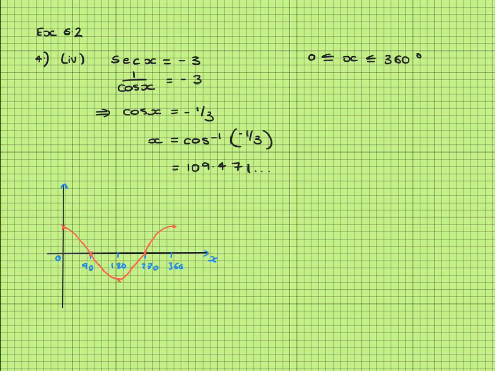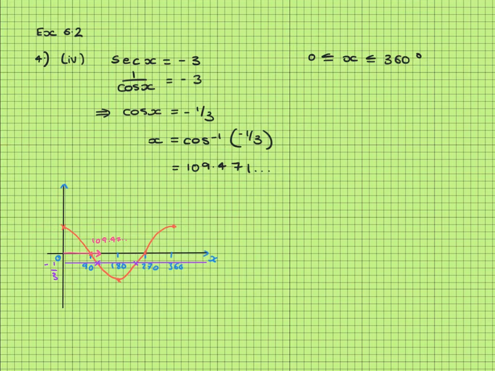Now we are solving cos x equals -1/3. So if we draw in a horizontal line at -1/3, we see a point of intersection here and a point of intersection there as well. So this point of intersection here is 109.47 degrees.